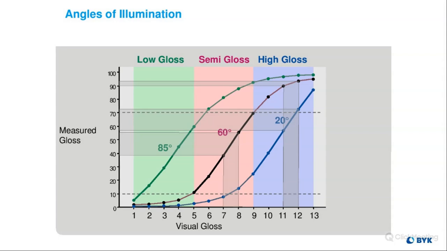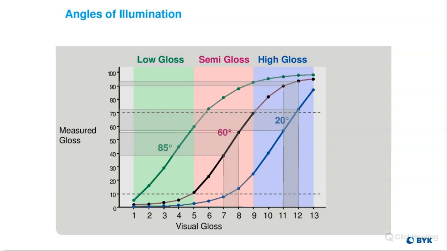So to understand this a little more, across the bottom on the x-axis, we have 13 different samples. And each of those samples varies in gloss by the same amount. So you can say, sample 4 looks a certain way visually, and then sample 5 is 1 step up in gloss from that, and sample 6 is 1 step up from sample 5, and so on.